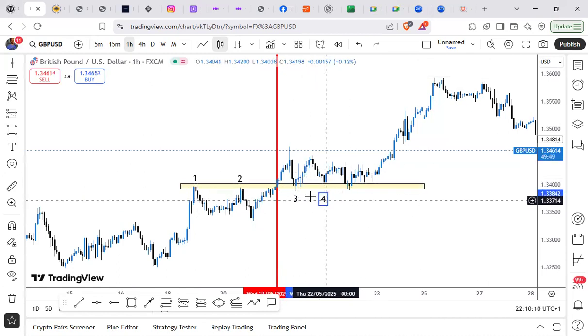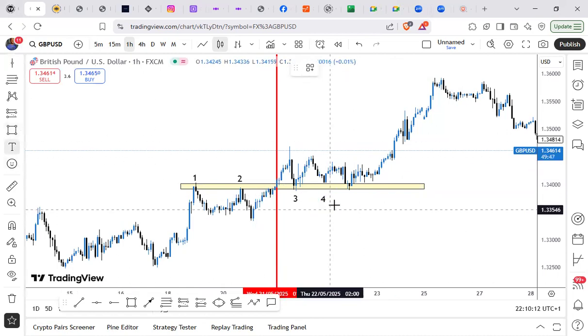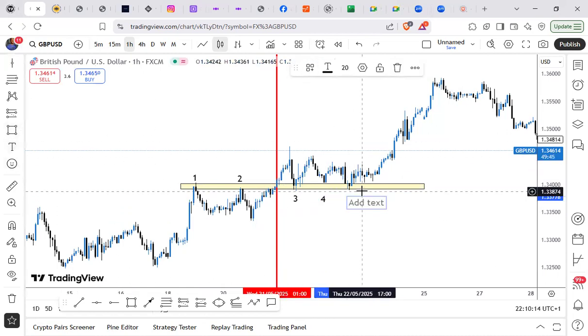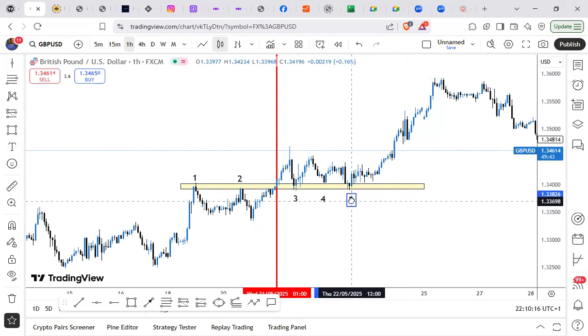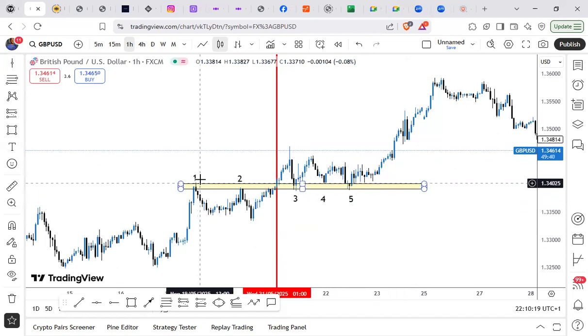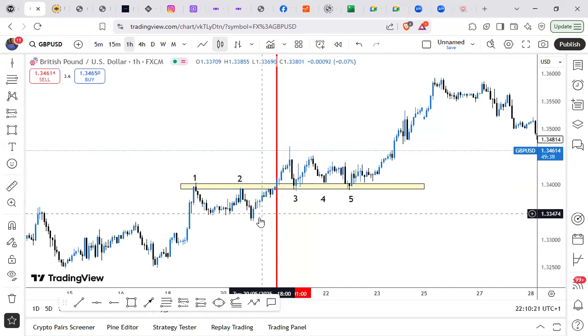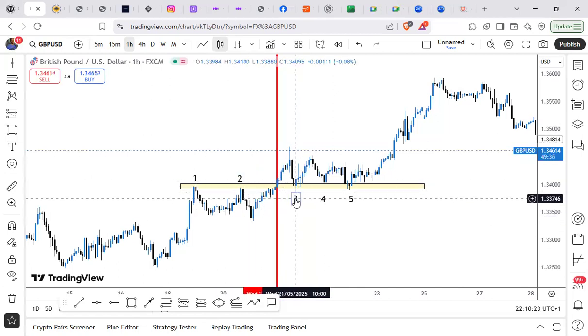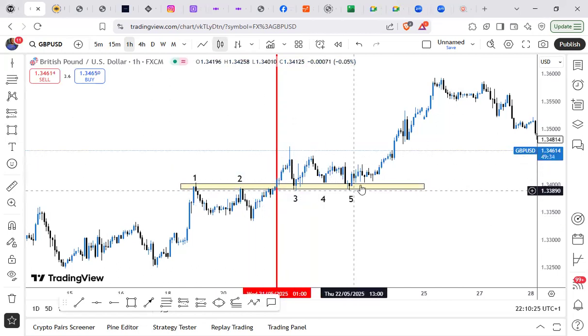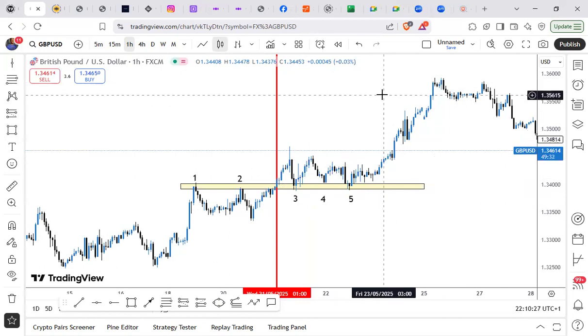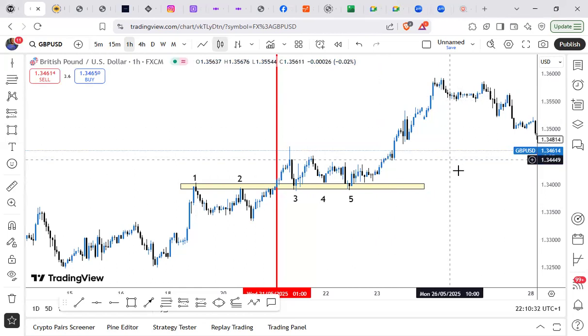Here should be number four, then this should be number five. Number one, resistance. Number two, resistance. Then it broke. Number three, support. Four, support. Five, support. See how it went up. So this is a resistance turned to support.